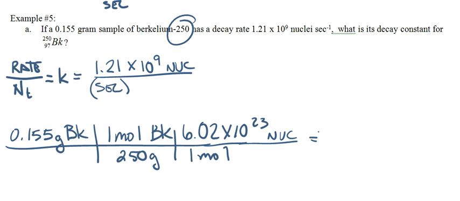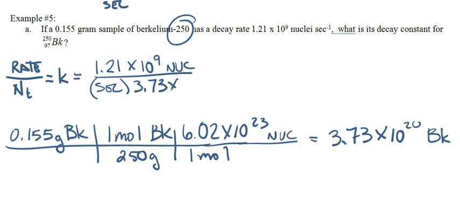Okay. Type all that in, and I believe I come up with 3.73 times 10 to the 20, and that is of berkelium 250. All right, so I can plug that in. 3.73 times 10 to the 20 nuclei. Those cancel.